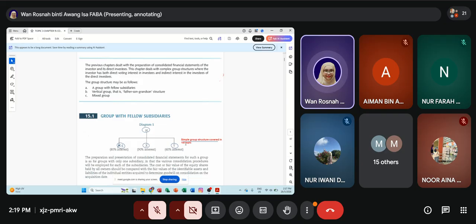We call this a simple group structure, and we have covered it in the previous chapter.